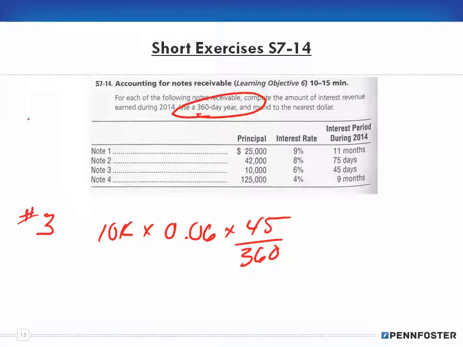Okay, so 10,000 times 0.06 times 45 gives me 27,000, and I divide that by 360, and that gives me $75 in interest. Okay, so go ahead and pause the video.